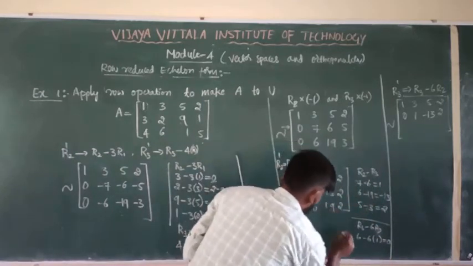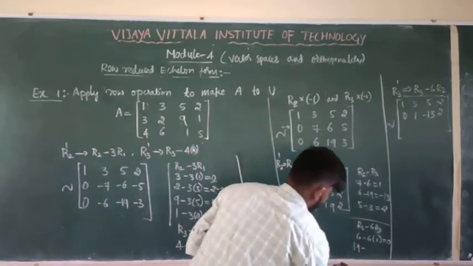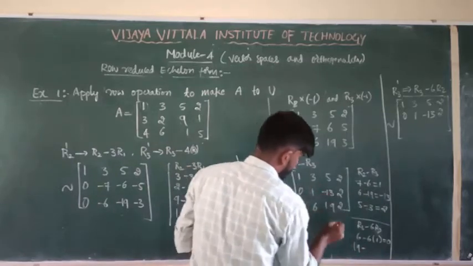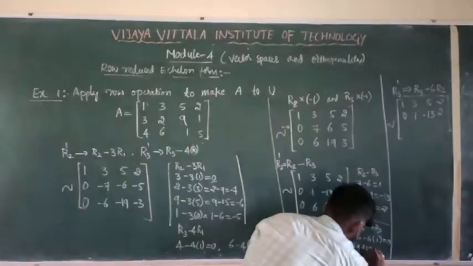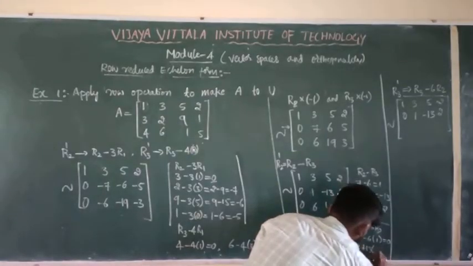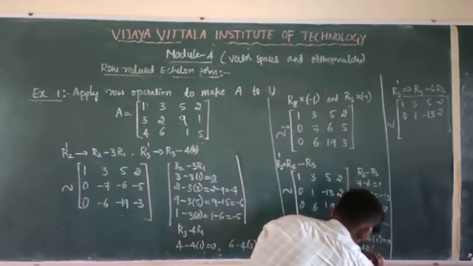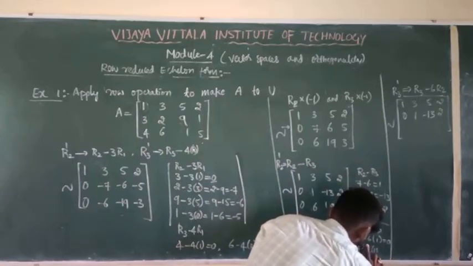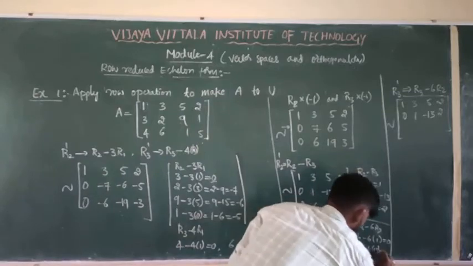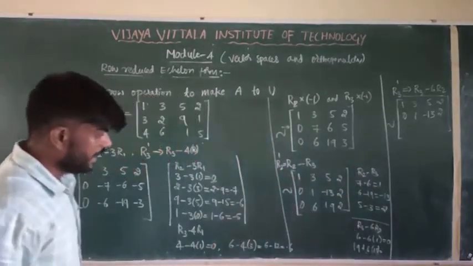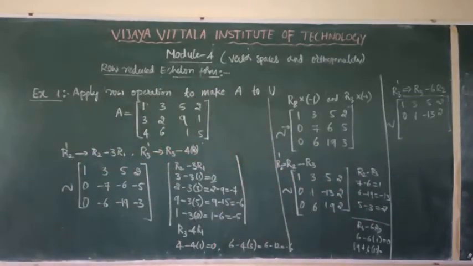And 19 minus 6 into minus 13, which is 19 plus 78, we get 97.